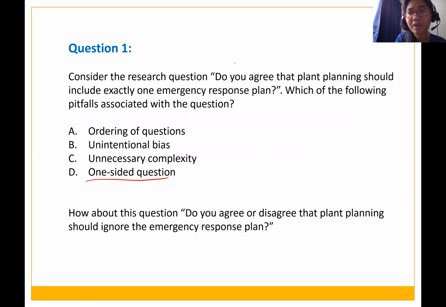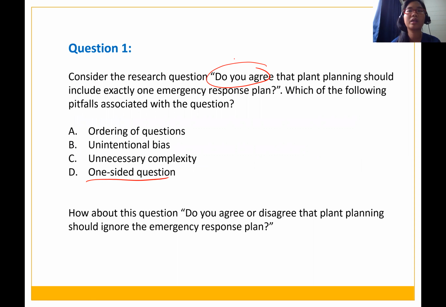If you have been listening to me since the beginning and also looked at the example, the way that they phrase research study questions makes sure that people don't just have one answer choice; they try to include as many answer choices as possible. And so the correct way to be the most objective that we can be is, do you agree or disagree that planned planning should include exactly one emergency response plan? So the answer is D.